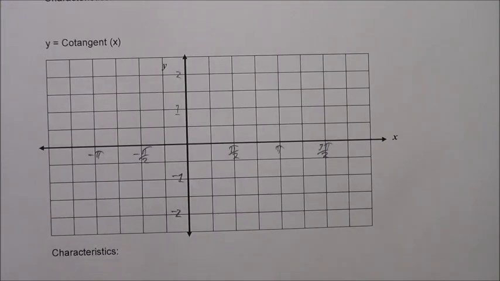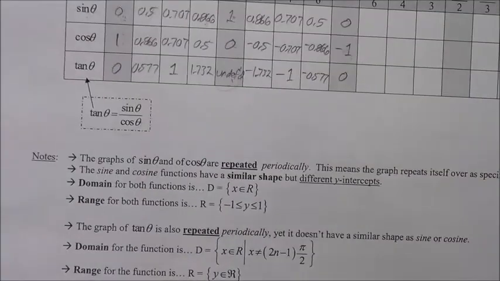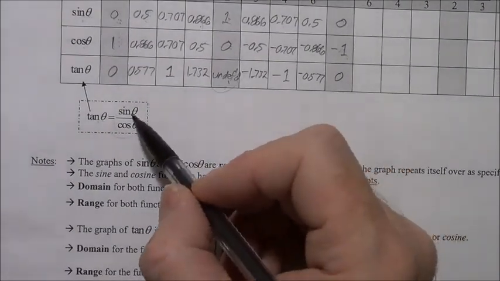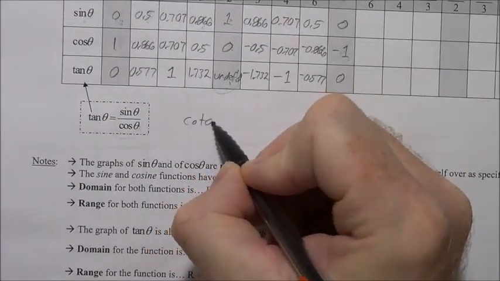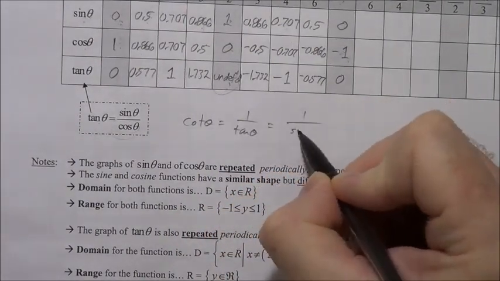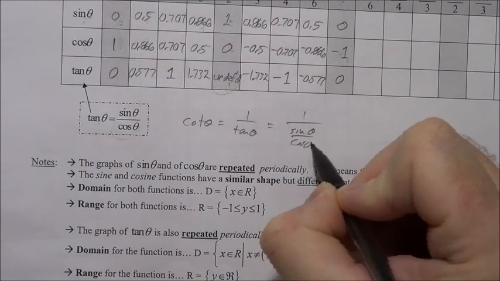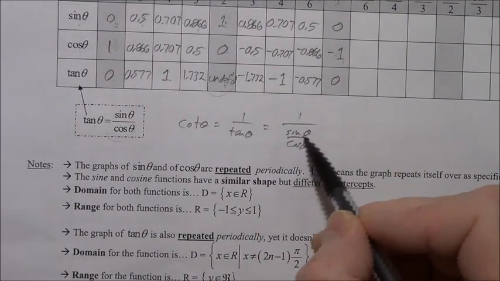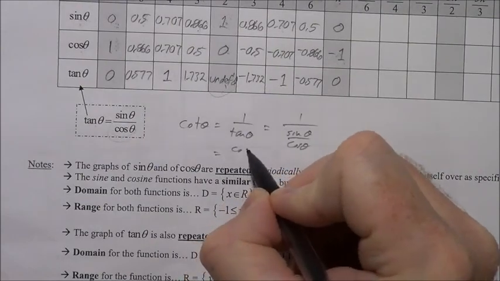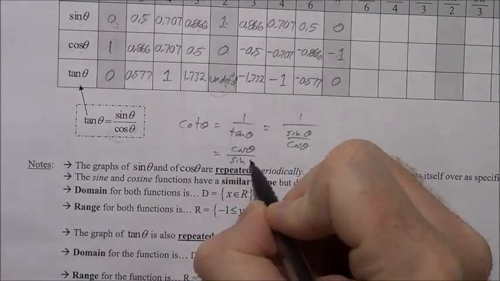And so now, cotangent is the reciprocal of tangent. And so cotangent theta being 1 over tangent theta, that's 1 over sine theta over cosine theta, which then just flips sine theta and cosine theta. So cotangent theta actually ends up being cosine theta divided by sine theta.